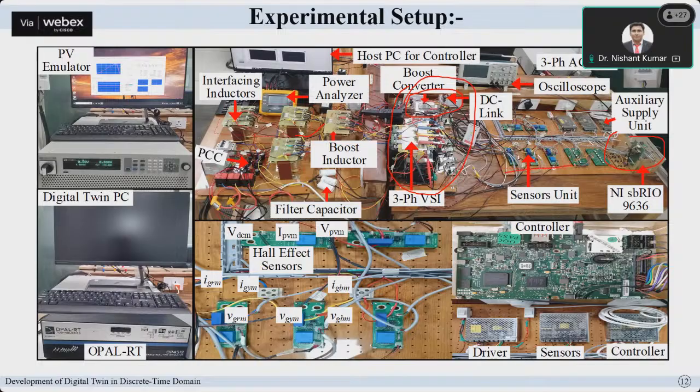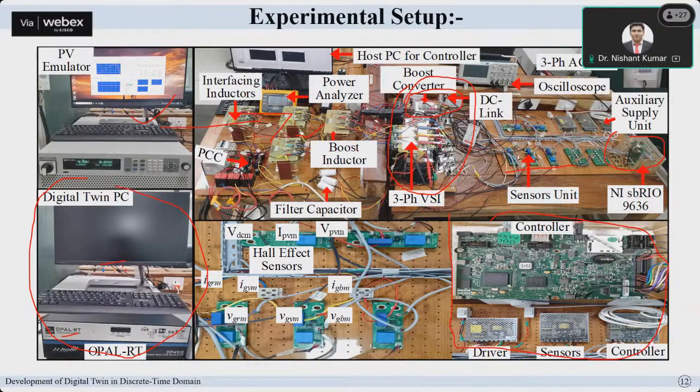Sensing units are here as well. The controller board is given in detail like this. This is the controller board, and on the other side, this is the PV array which is linked with this one. This one is the digital twin platform, meaning here you will see OpenRT and a computer, and this one is not directly connected to this hardware setup.